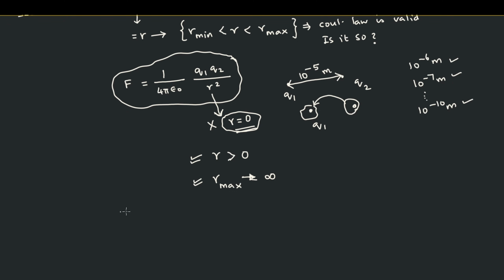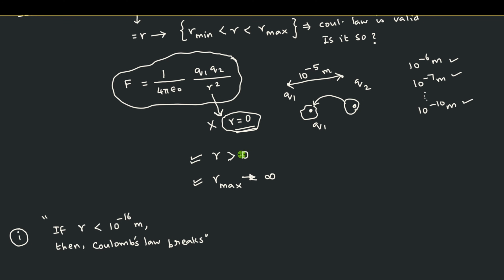The conclusion says that if the distance between the two charges R is less than 10 to the power of minus 16 meters, then... this is the first conclusion that we have, that you can always have the distance between the charges greater than 0.